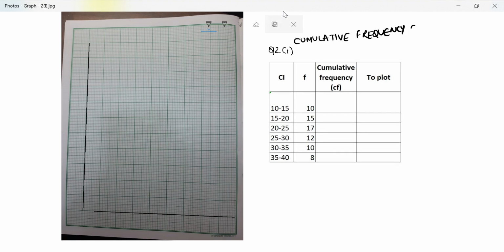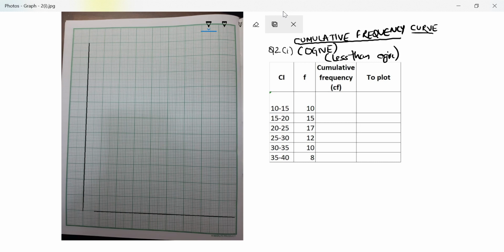So this is a cumulative frequency curve, also known as an ogive, also known as a less than ogive. There are two kinds of ogive. This is a less than ogive. Perfect. So let's see what the name means. Cumulative frequency means we need to first calculate the cumulative frequency. Next, curve.